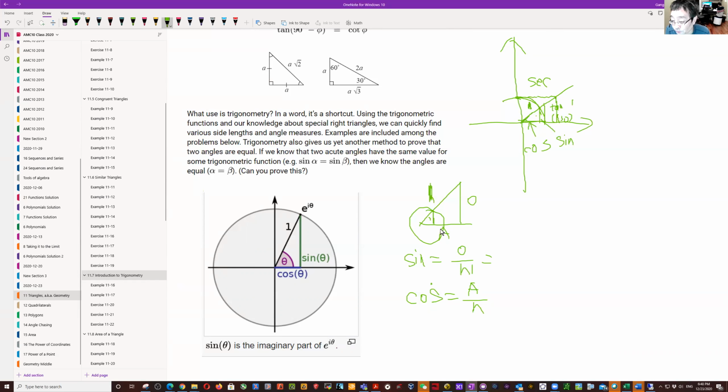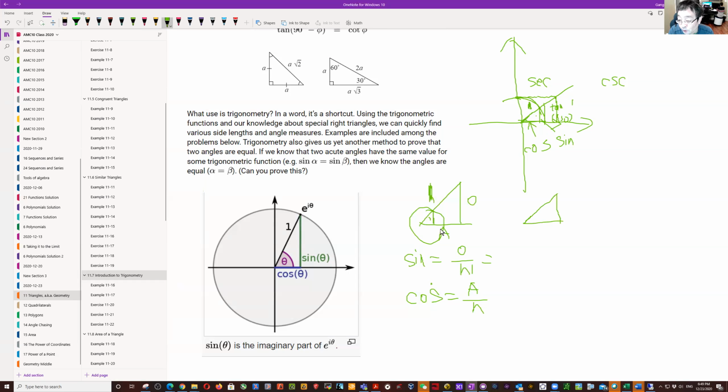And the top side is the cosecant, and this side is the cotangent.